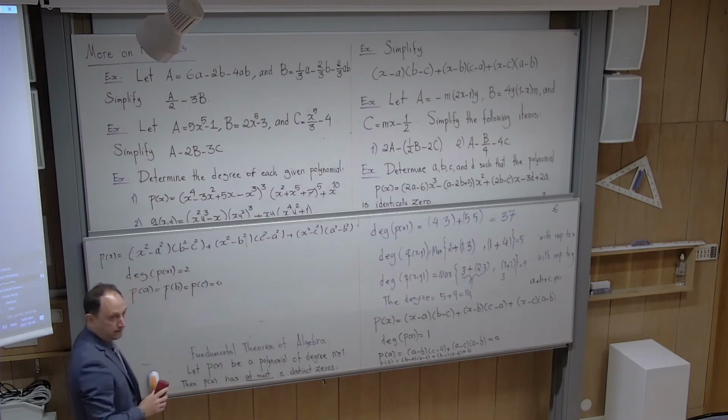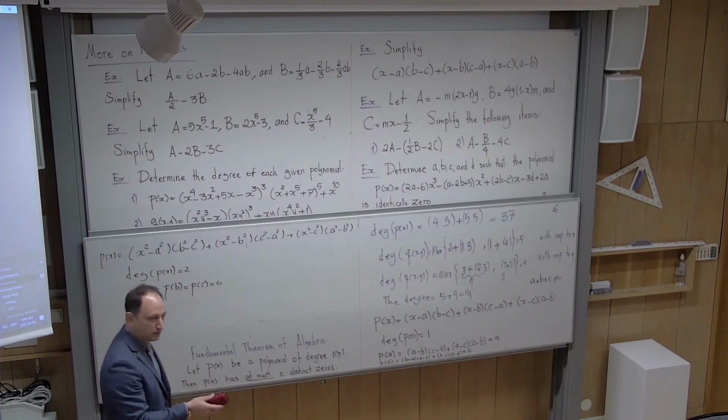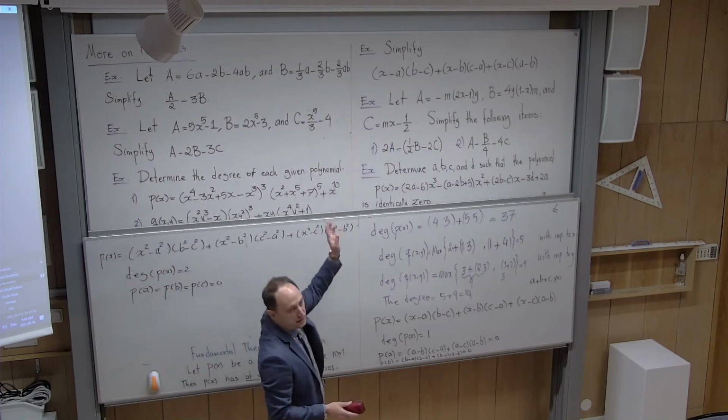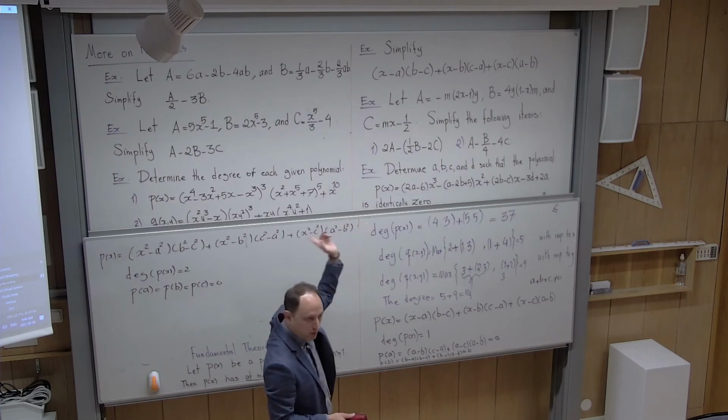And exactly follow the logic we used. For the degree of p of x to be equal to 1, we're saying that a, b, and c have to be distinct. Yes, I have to mention that in the problem. In that way of solving, I didn't even need to mention it, because even if a, b, and c are not distinct, it still works.